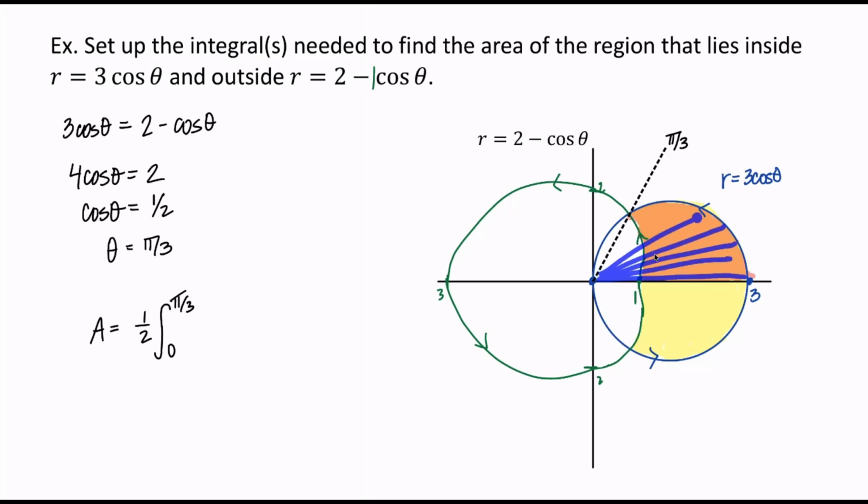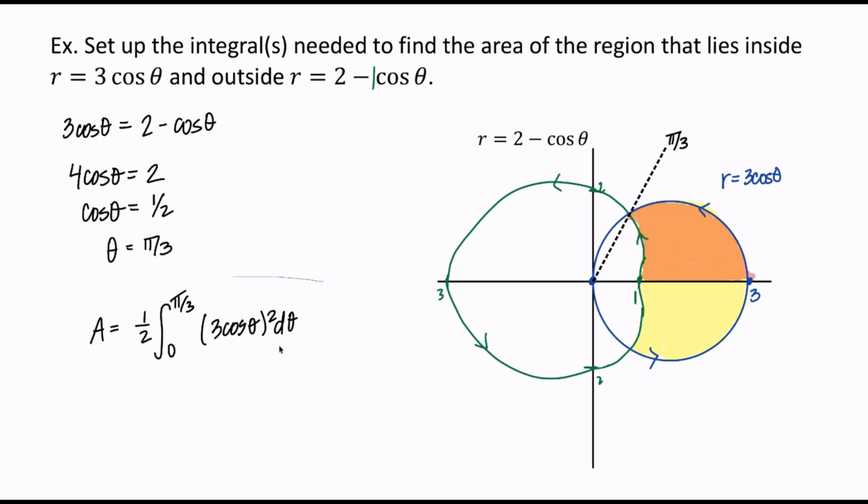I'm going to go all the way to the function 3 cosine theta, to the circle. That's r. So 3 cosine theta squared d theta. So what I have found with this integral setup is all of this area here, all the way up to pi over 3, but that's too much. So I need to subtract. I'm going to carve out this little piece right here.